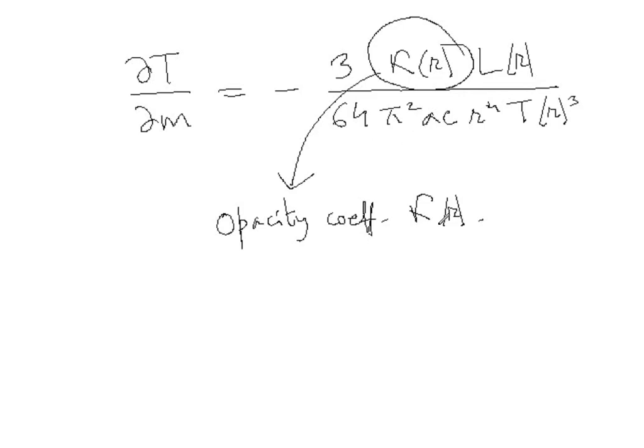Therefore, you see, this opacity kappa is a very important quantity that has very large effect on the structure of the star. Now what we are going to talk about today is basically the various physical processes which will contribute to opacity. So today we will talk about the various sources of opacity.